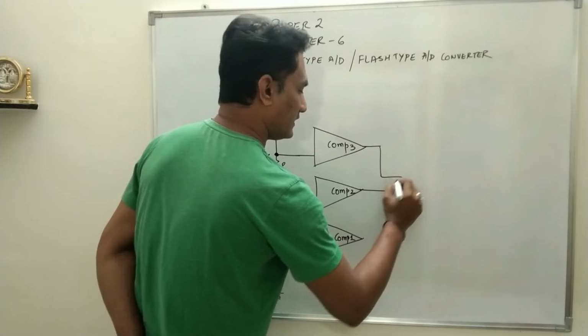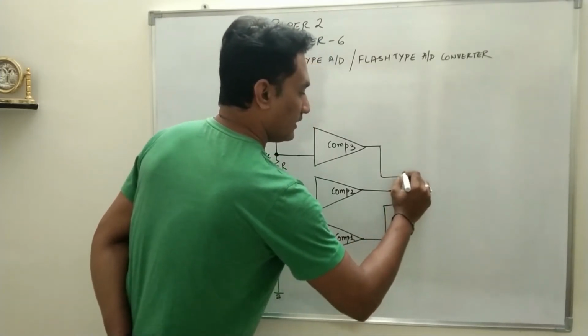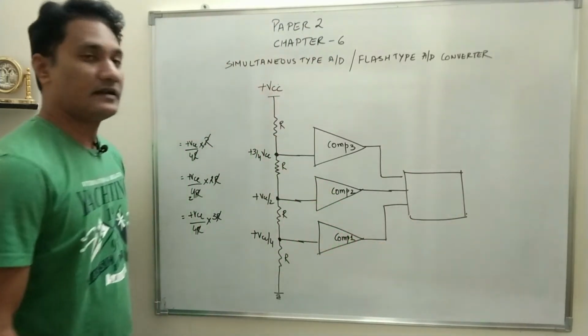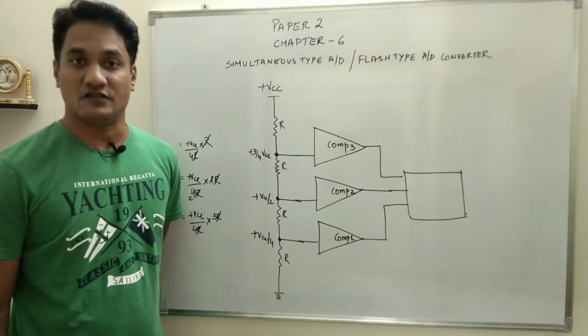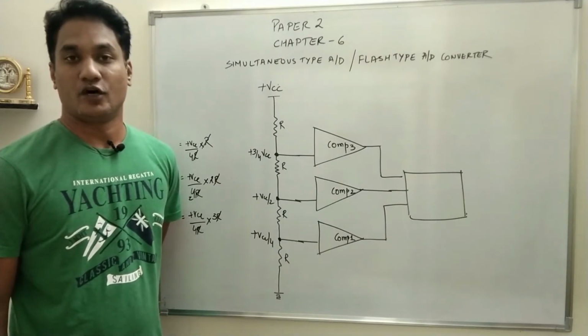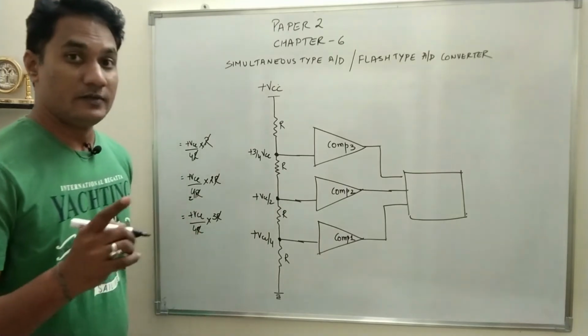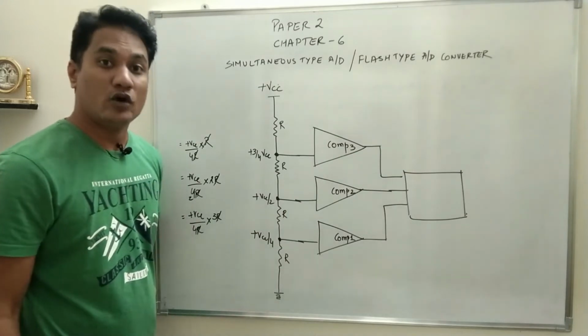So there are 3 comparators. Basically this comparator will compare two voltages, and the output will be either 0 or 1 depending upon the input voltage which has been applied. What they are going to do, they will be comparing voltages.